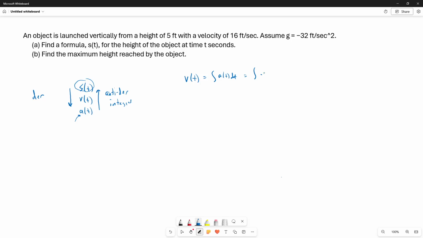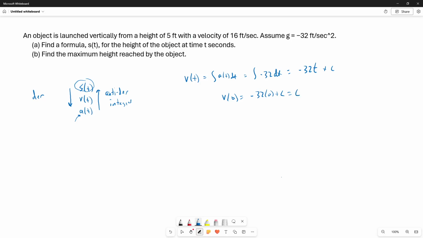which is the integral of negative 32 dt, and the antiderivative of negative 32 with respect to the variable t is negative 32t plus a constant. And that constant is the initial velocity, because v of 0 is equal to negative 32 times 0 plus c, which is c.